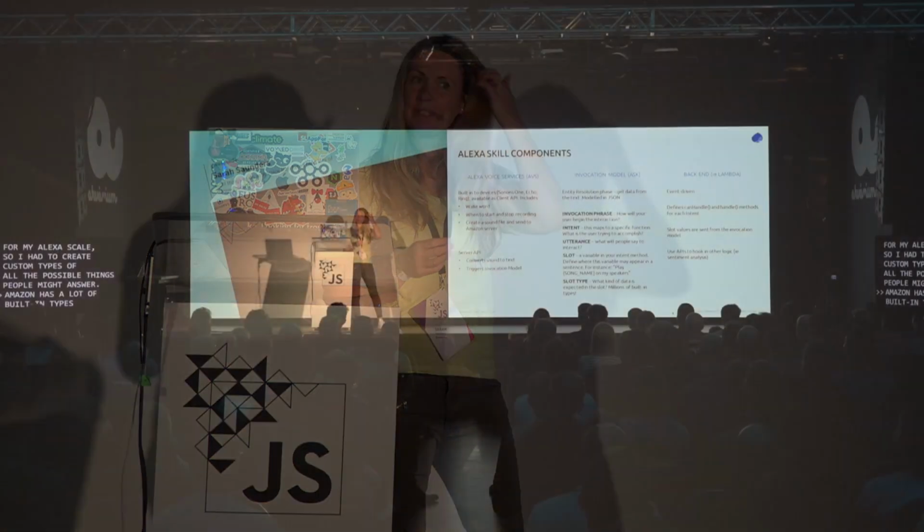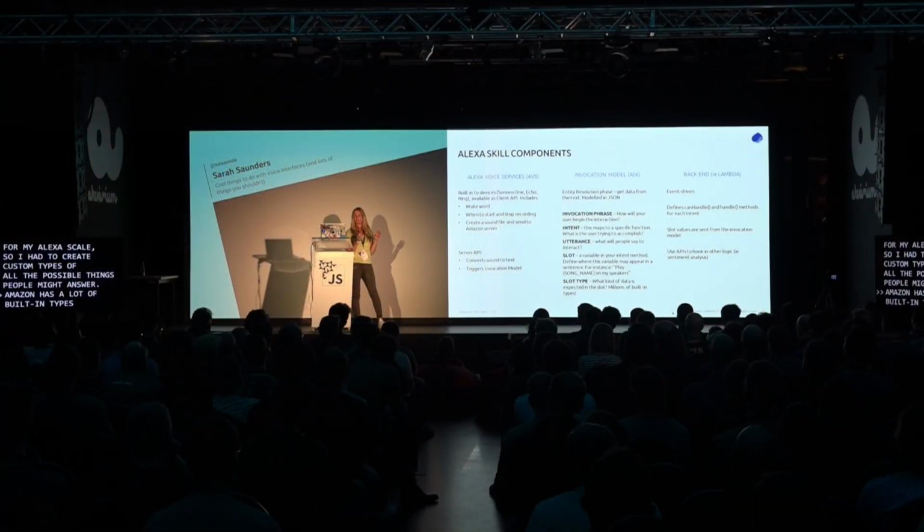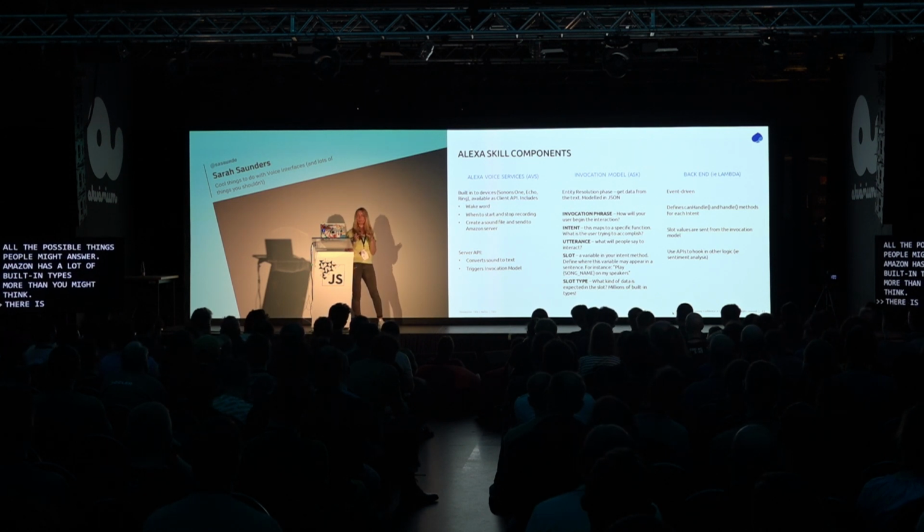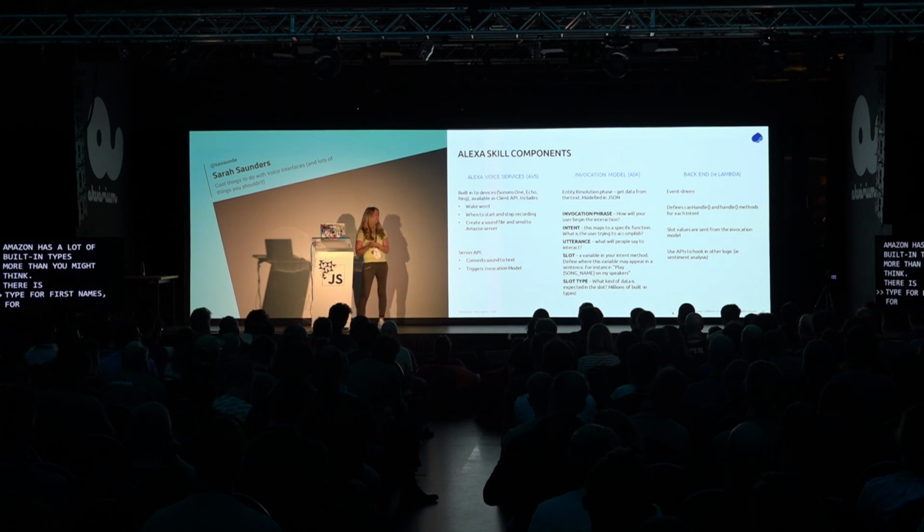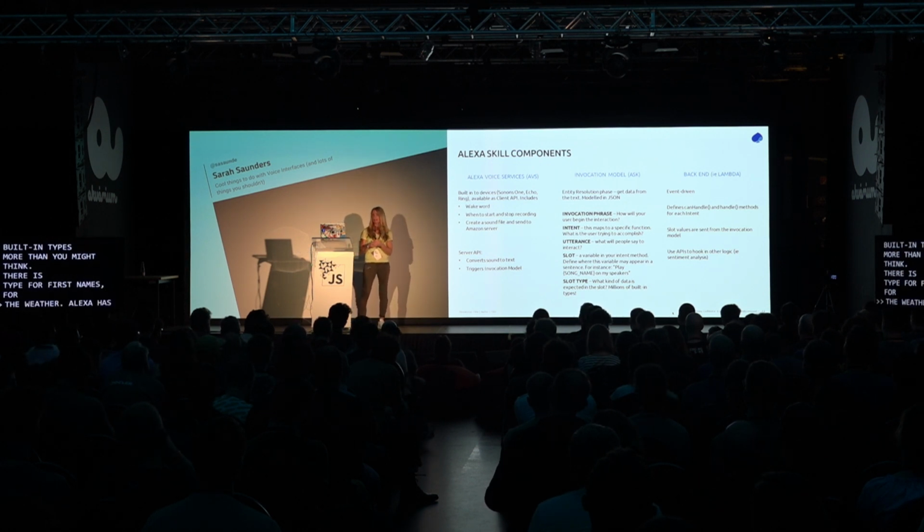So once you've pulled out from your sound file the words that are actually relevant to your skill, these get sent through to the back end using an API. You can wire anything into a back end, but being on the Amazon platform, it's very easy to wire in an AWS Lambda. So that's what I did. These are event-driven functions.